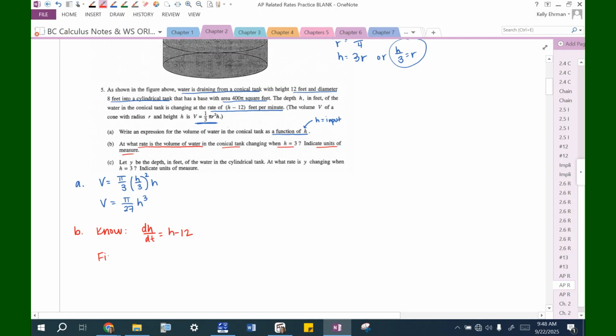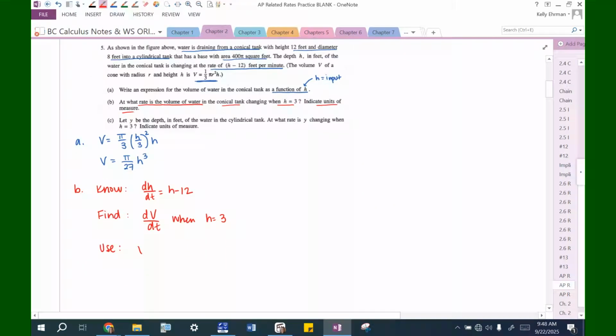They want me to find dV/dt, the rate at which the volume is changing, when h equals 3. And I'm going to use my volume of a cone function, but the one that's only in terms of h from part A. So I'm going to use V equals pi over 27 h to the third.